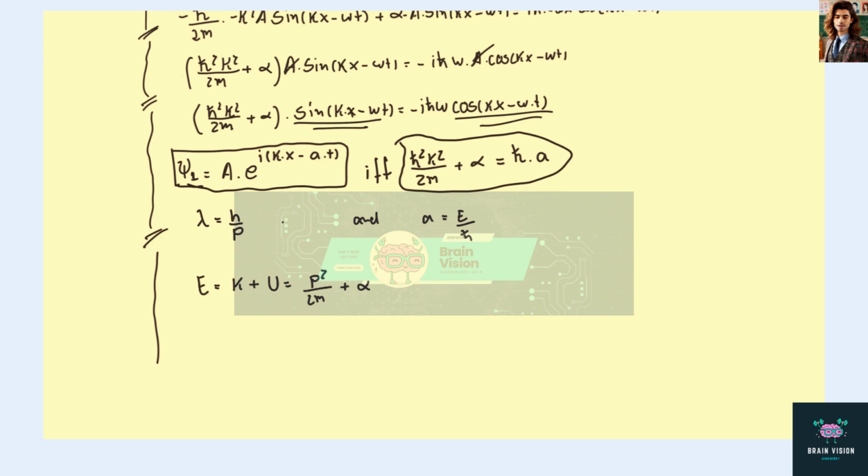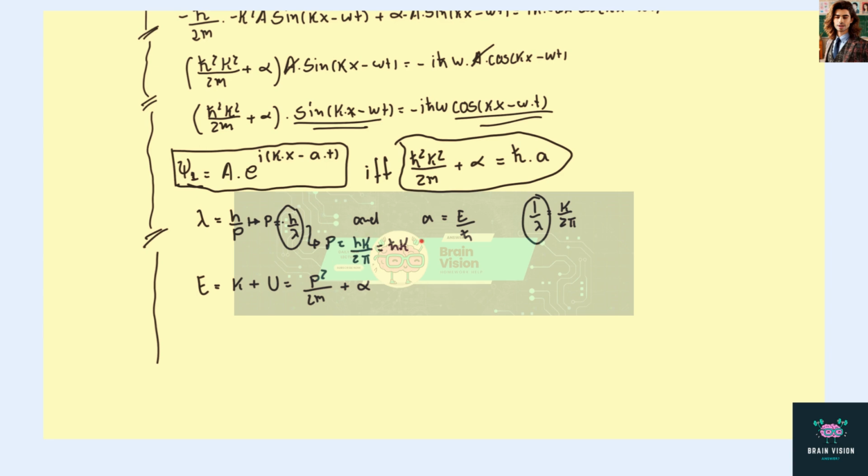Now, we can use the first de Broglie relation to write the momentum as p equals h divided by lambda. And now remember that 1 divided by lambda is equal to k divided by 2 pi, where k is the wave number. Therefore, substituting this 1 over lambda in this equation, we get p is equal to h times k divided by 2 pi, but h divided by 2 pi is h bar, so p is equal to h bar times k.